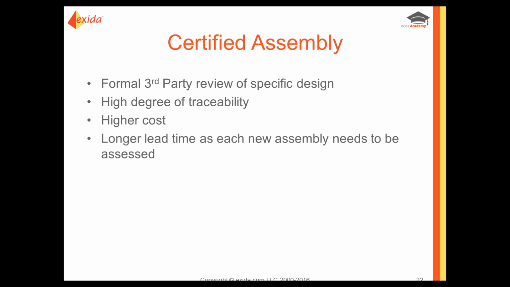The second approach, the first reaction, is to say, okay, then we just want to buy certified assemblies. That's fine. We can have a formal third-party review of a specific design. It's got a high degree of traceability because the third party should be documenting everything and able to provide an assessment report.